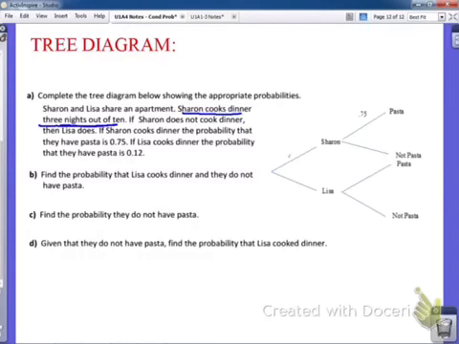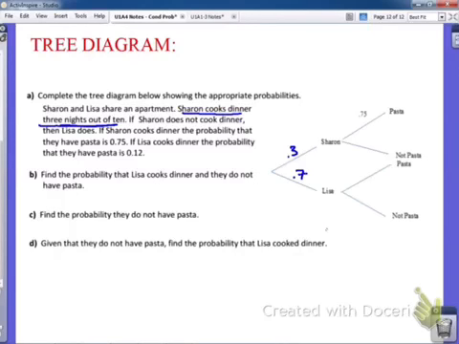So 3 divided by 10 is a decimal that terminates. If it's a repeating decimal, don't write the decimal, write the fraction. Now if Sharon is cooking 3 nights out of 10, then how often is Lisa cooking? 7 nights out of 10, so that's going to be 0.7.